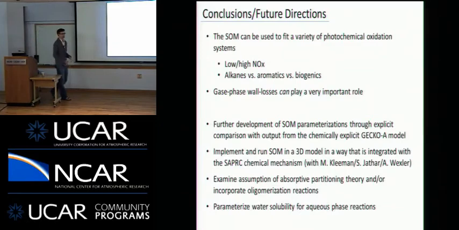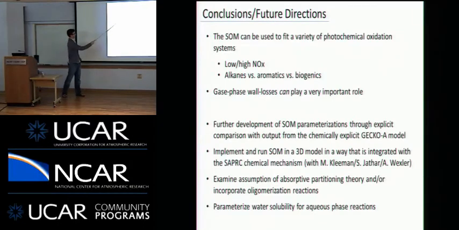Okay. So just to conclude, I think the statistical oxidation model that we've developed, we can use it to fit a variety of photochemical oxidation systems. I showed a bunch of examples very quickly for low and high NOx conditions, alkanes, aromatics, biogenics. So we think we can use it fairly generally. That's at least our hope as we move forward and test it further.